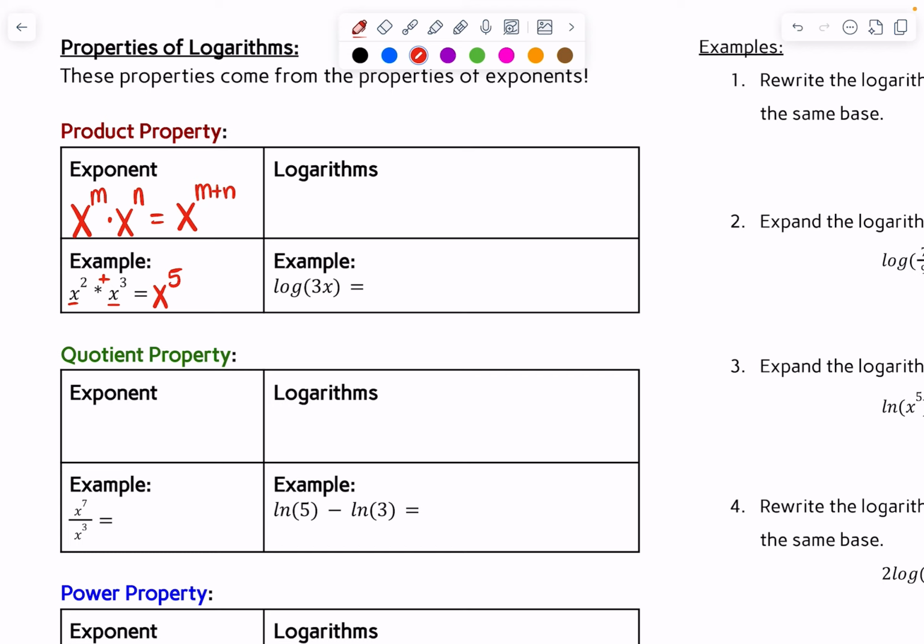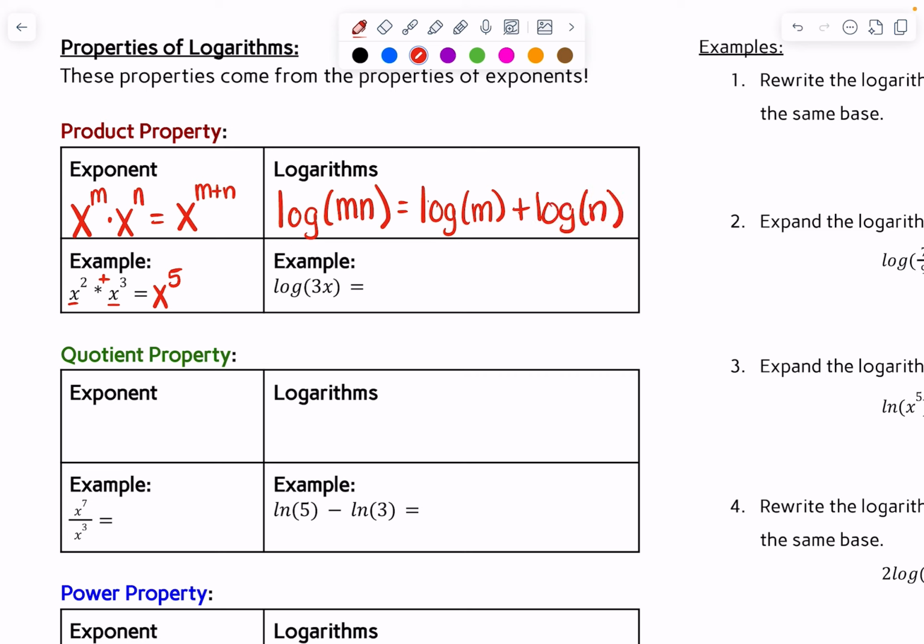For logarithms, there's a similar product property using that addition. If we see a single logarithm where we are multiplying inside, like m times n, we can expand that and split it apart. When we're expanding, we're splitting apart that logarithm into more than one logarithm. So we can expand that to be the log of m plus the log of n.